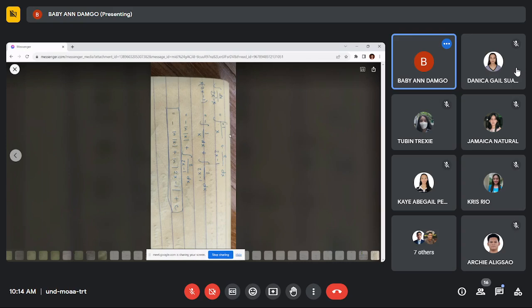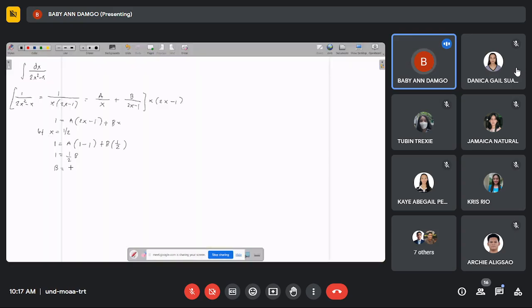So 1 is equal to 1 half b, so b is equal to 2. Next, to cancel b, we let x equal to 0. So we have 1 is equal to a times 2 times 0 minus 1, this is negative 1, plus b times 0.